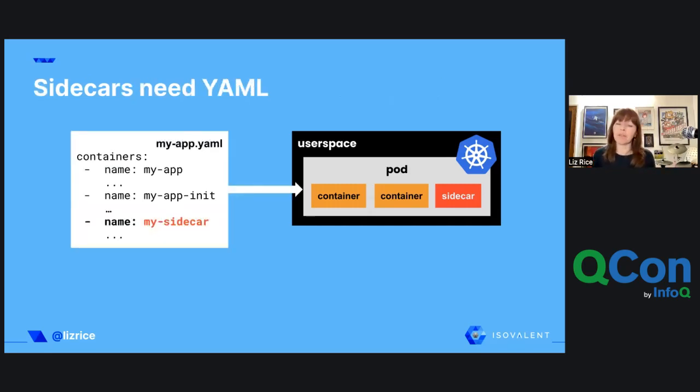And to do that, that requires some YAML be introduced into the definition of that pod. You probably don't write that YAML by hand to inject the sidecar. It's probably done perhaps in admission control or as part of a CI/CD process.